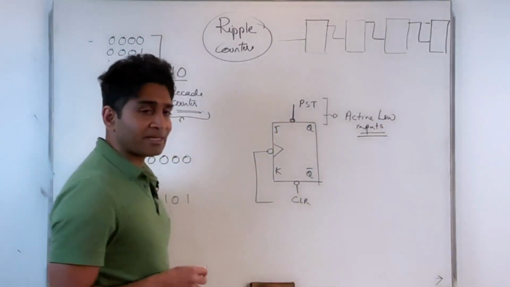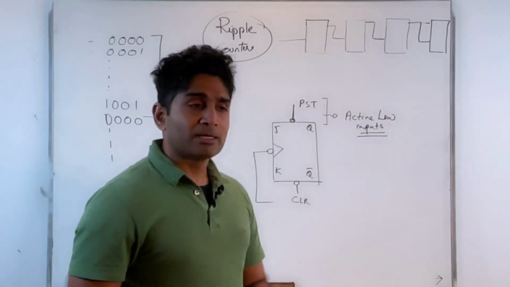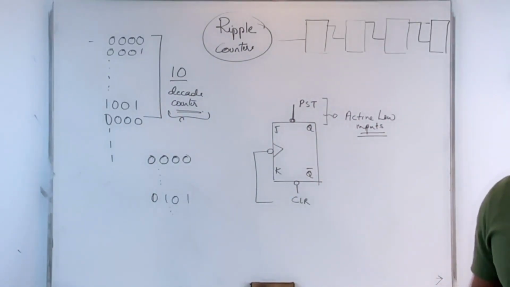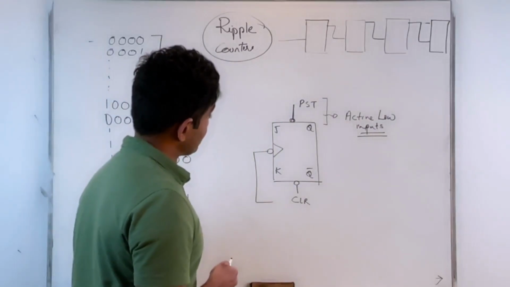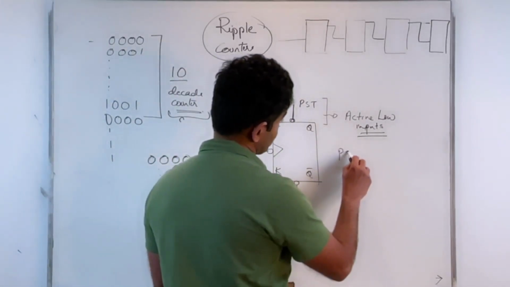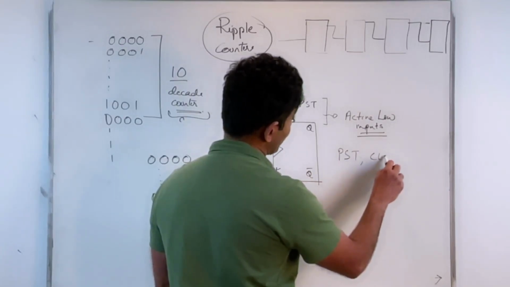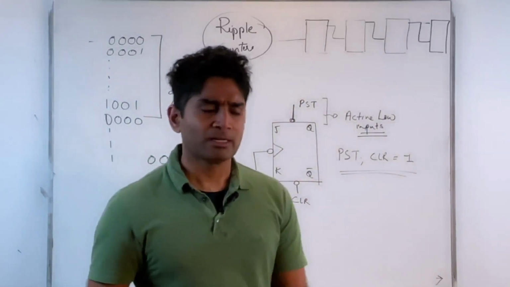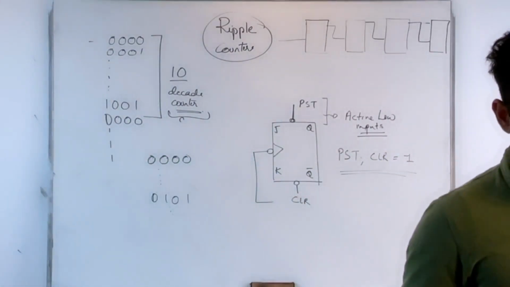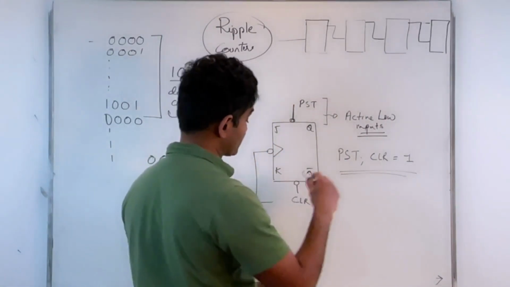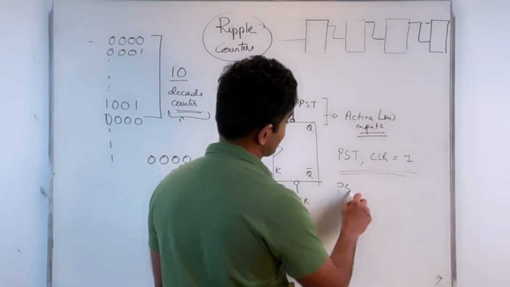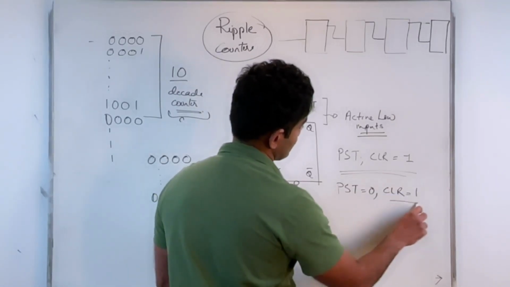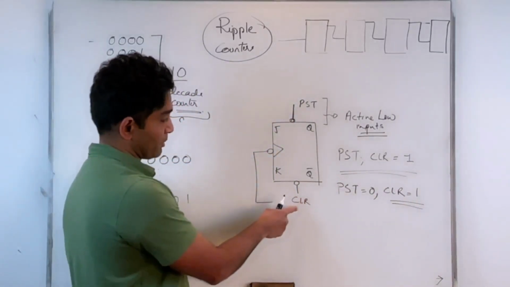These preset and clear inputs take precedence over my J and K values, over the operation of the flip-flop. If I place preset and clear to be 1s, then my flip-flop operates as a regular JK flip-flop. On the other hand, if at some instant I place preset to be a 0 and clear to be a 1, my clear is not active because I'm placing a 1 on it.